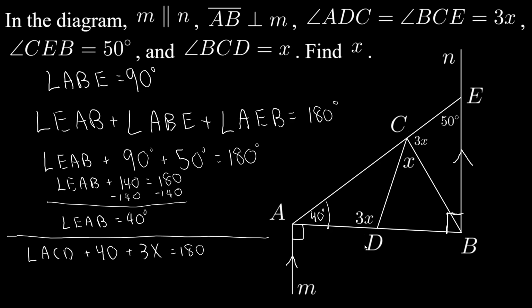Well, I'm running a bit out of room here, so I'm just gonna do the algebra in one go. If we subtract the 40 and subtract the 3x, what we would have left over is that angle ACD is equal to 140 degrees minus 3x.